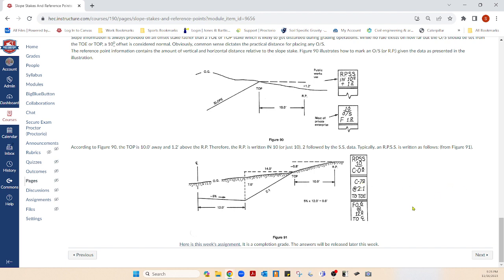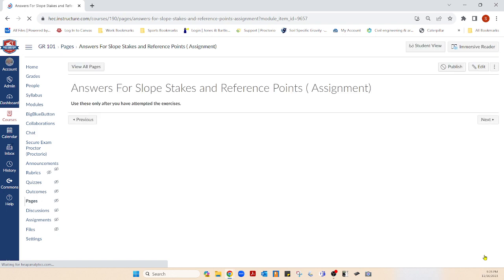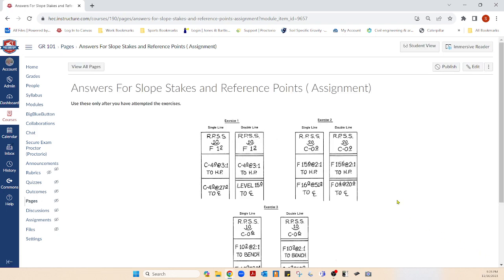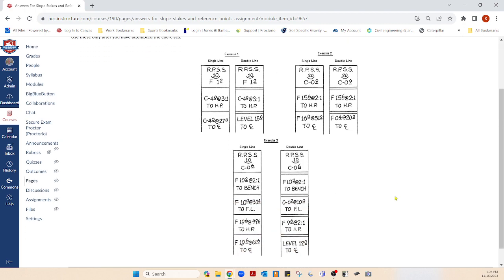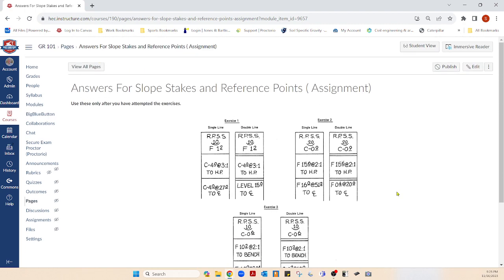And I realize I'm going over it a little fast. The next thing is assignments, I think. Let's see. Now these are answers to assignments.